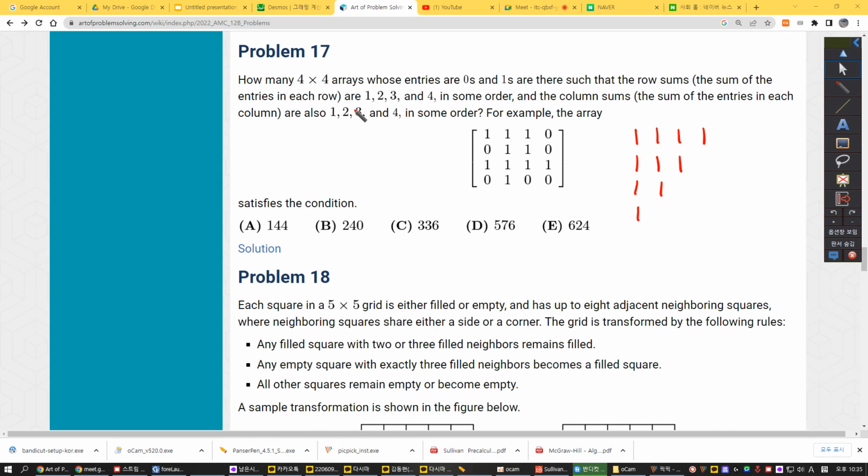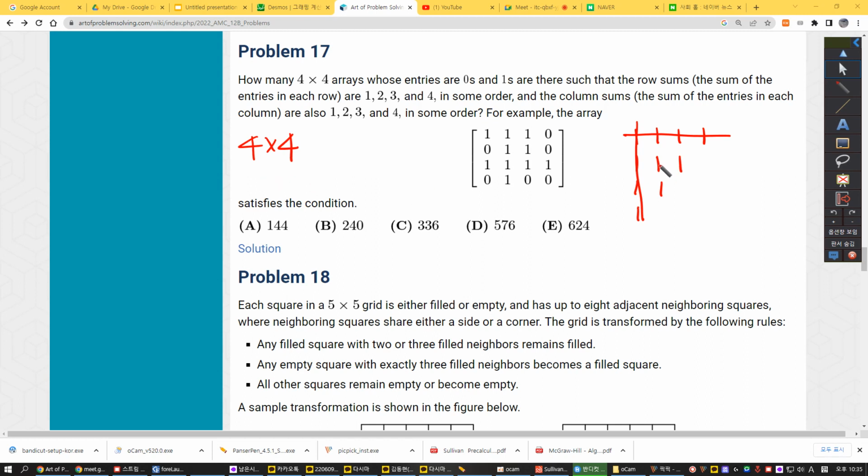So now the row sums are 1, 2, 3, 4, and the column sums are also 1, 2, 3, 4. So to do that, we need to make one row filled with 1 and one column filled with 1. So we need to choose the row and the column. I mean, there are 4 possible cases, 4 rows and 4 columns. So the number of choices is 4 times 4.